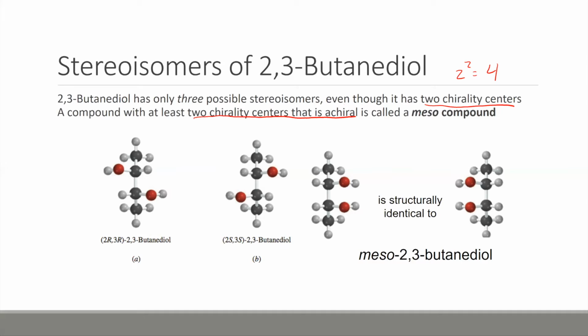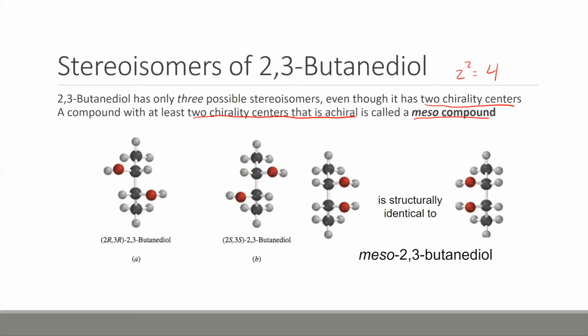So this is just a special name for a compound that has 2 or more chirality centers. However, it is achiral.